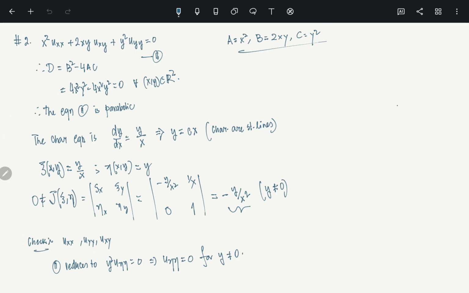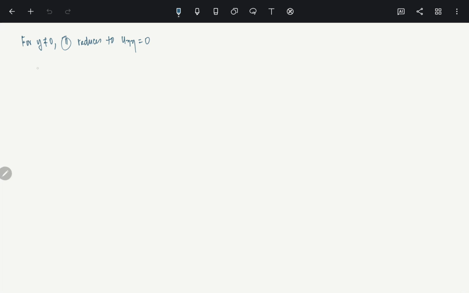Clear? See, and if u_ξη = 0, that will imply u as a function of ξ and η will look like, so basically we want to solve it.